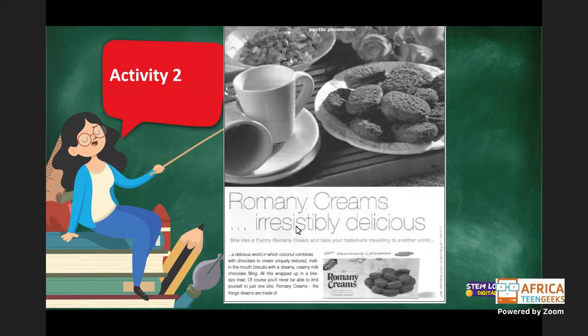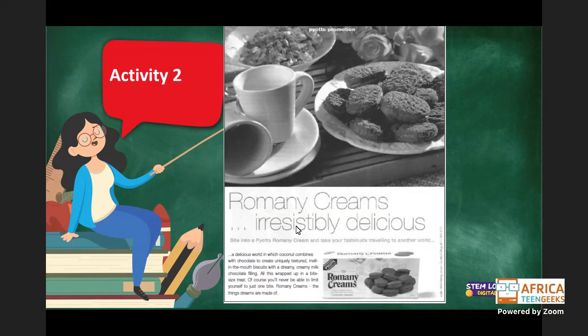So just look at the different parts of the advertisement, Lesedi, and let that guide you into what to write. For example, the picture. So what can you say about the picture? The slogan. What can you say about the slogan? You see, so take the different parts of the adverts and say what they mean. And that's how you can collect your 4 marks there.